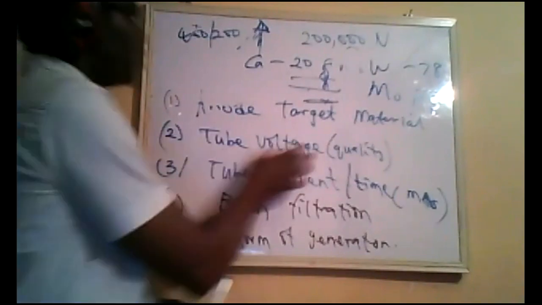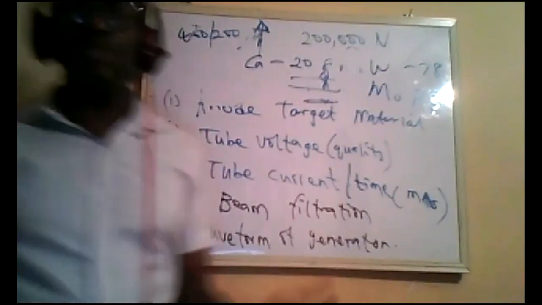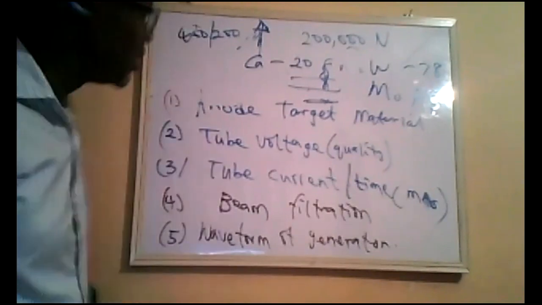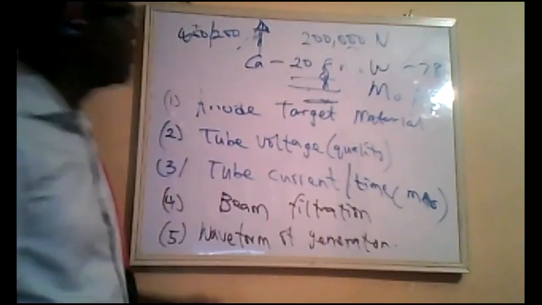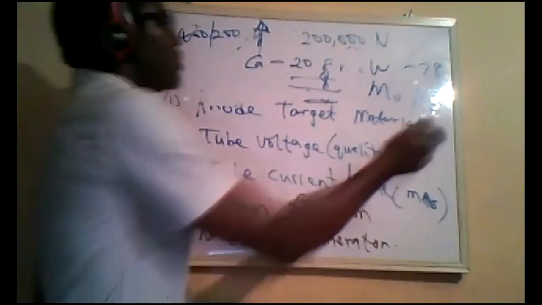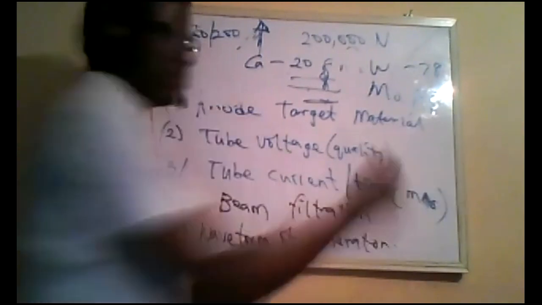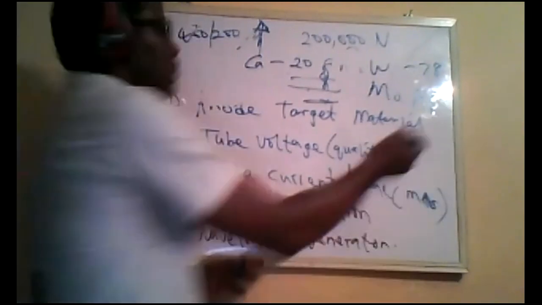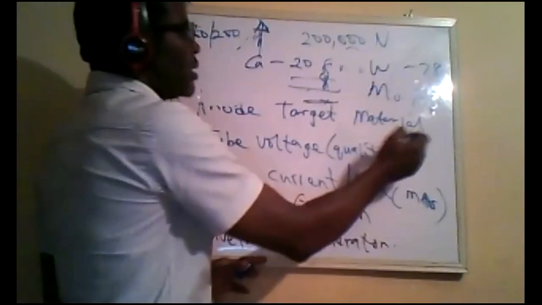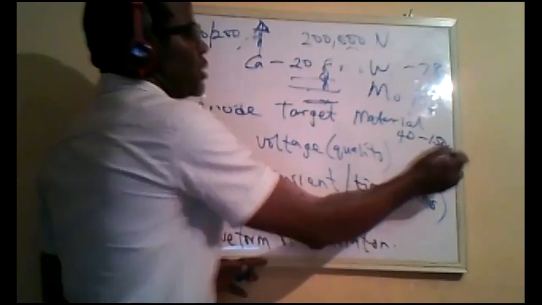Then tube voltage has got to do with the quality of the X-ray beam, that is, the energy of the X-ray beam. If you have, say, 70 kV, for general radiography the energy is from 40 to around 150 kilovolts.